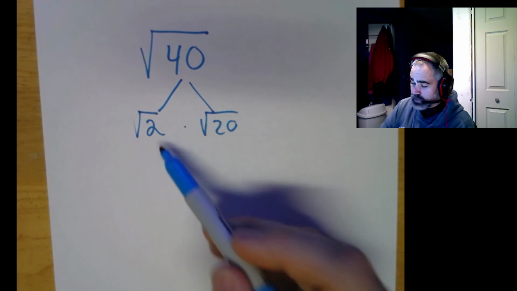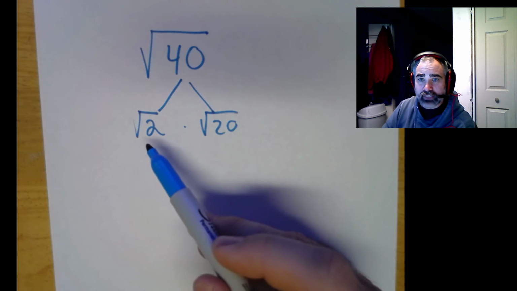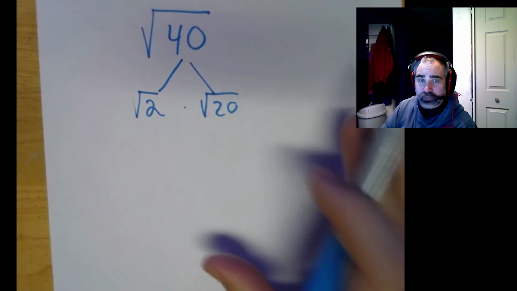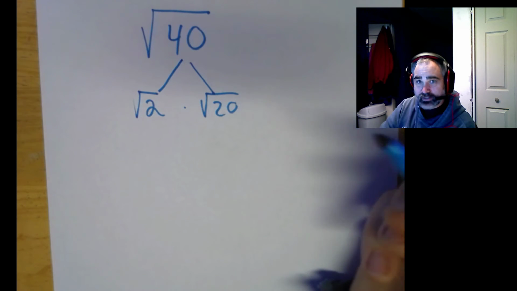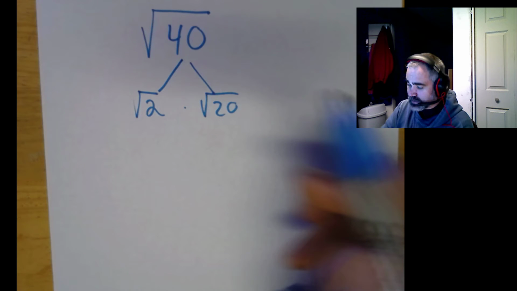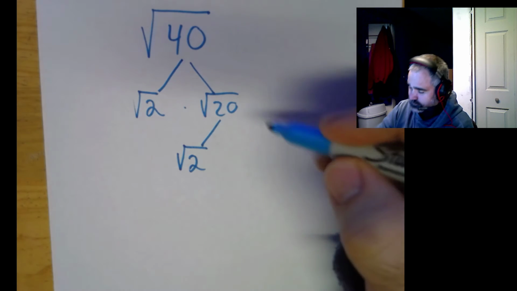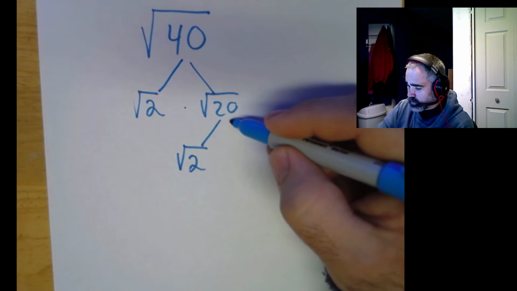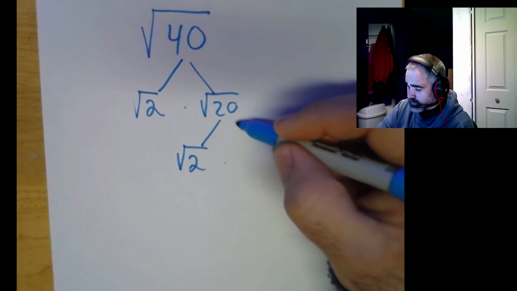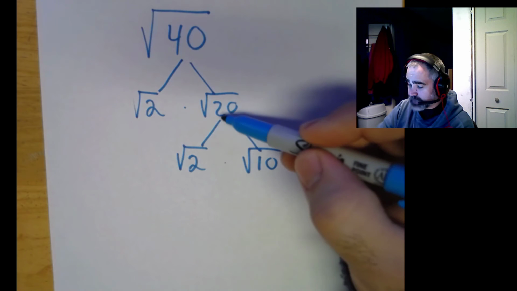All right. Now, square root of 2 is boring because it's a prime number. It's only divisible by 1 and itself, so I'm going to leave that one there. Now I'm going to do the same thing with the square root of 20. I want to pick the smallest number I can divide evenly into 20. It divides by 2. 2 times the square root of 10 gives me 20, right?